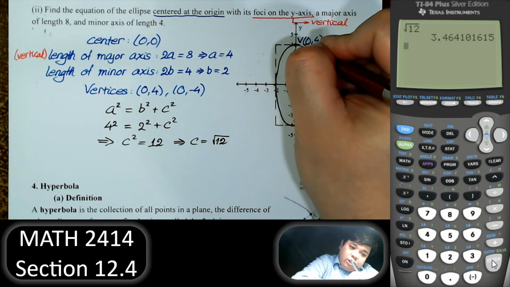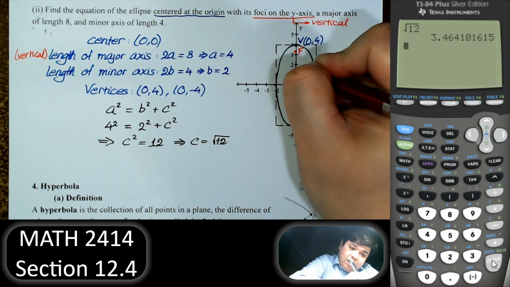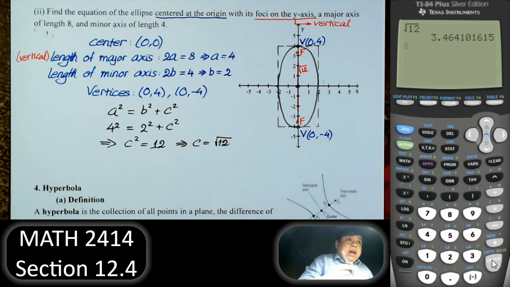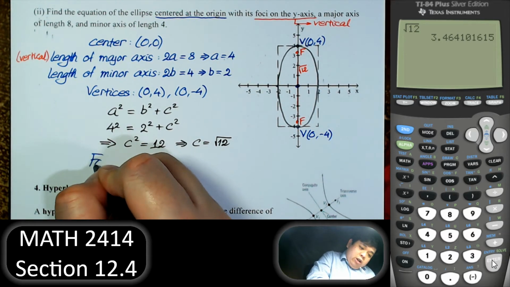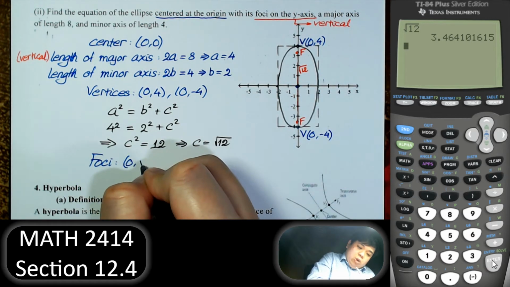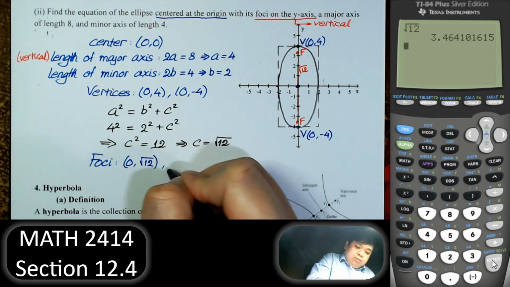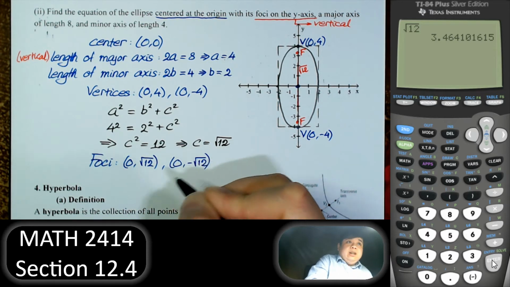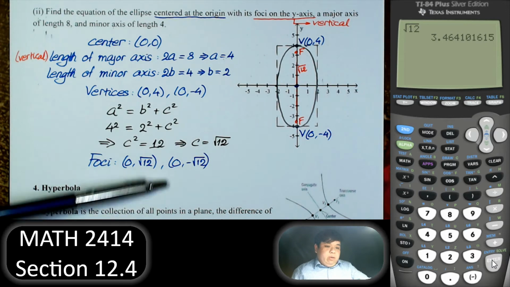That gives us the focus. This distance is square root of 12. So we can actually write the two foci. One of them is x equal to 0, square root of 12 up, x equal to 0, negative square root of 12 down. So that's all the information about the ellipse.